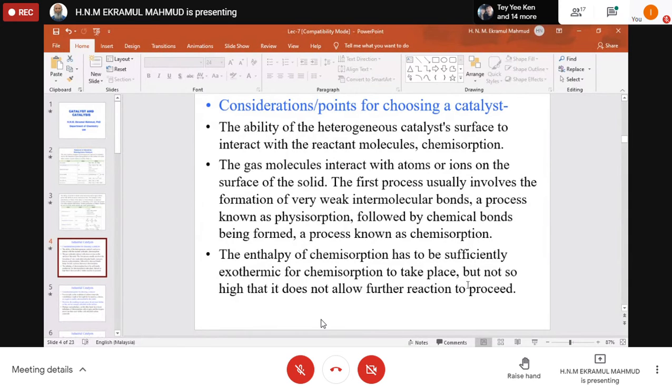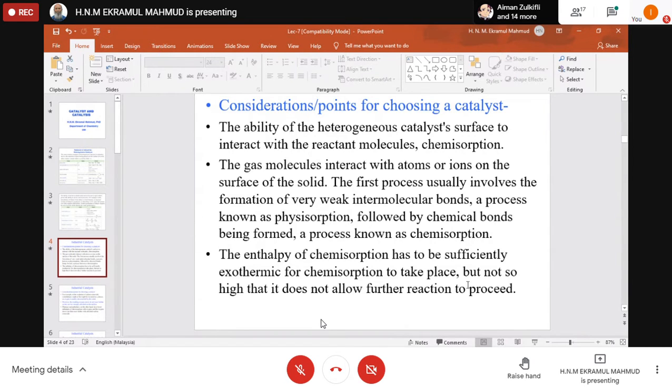It's strongly bonded. That's why if the enthalpy is very high, it's not appropriate as a catalyst. The catalyst is working, true, but it's creating a problem. It's not going out, leaving this place.